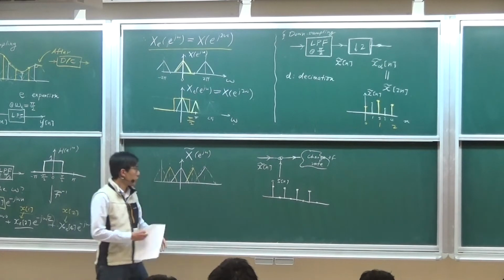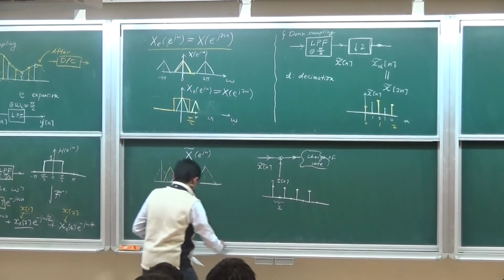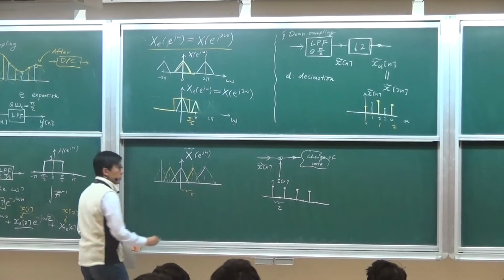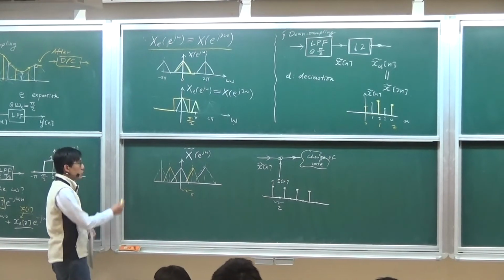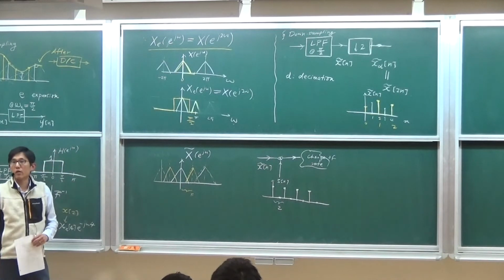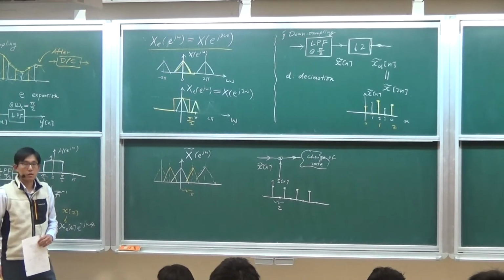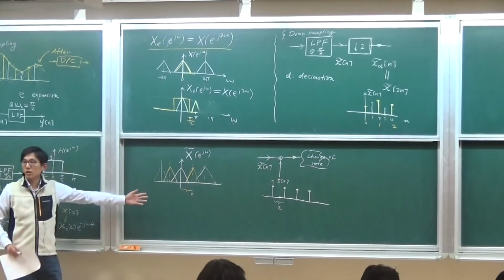Here, the time domain spacing is 2, but the frequency domain spacing is pi. So that means generally we should worry about aliasing. Suppose that your original signal, does everybody see this?